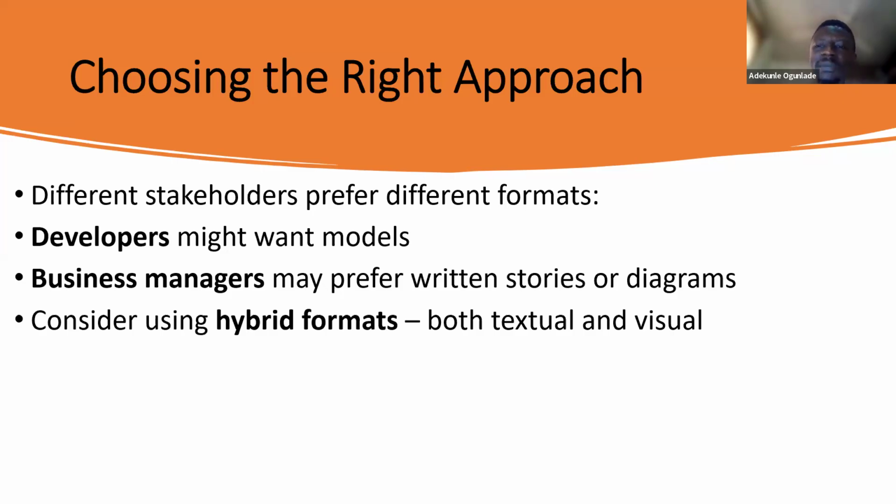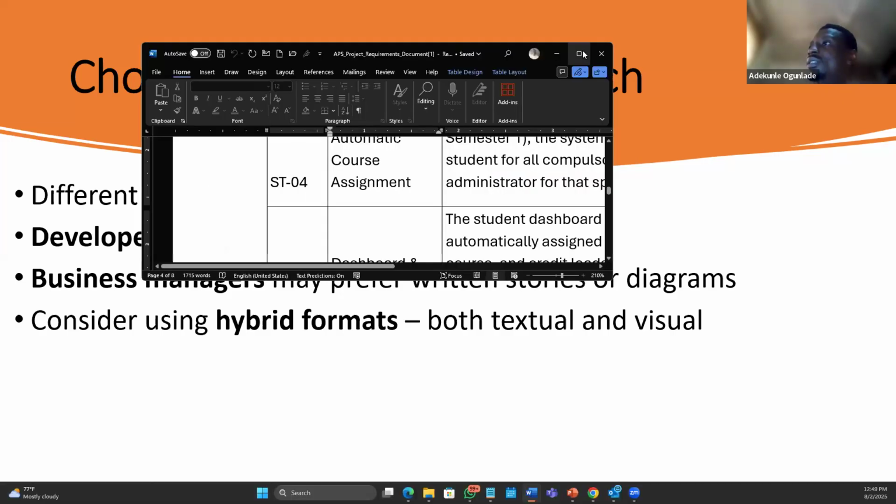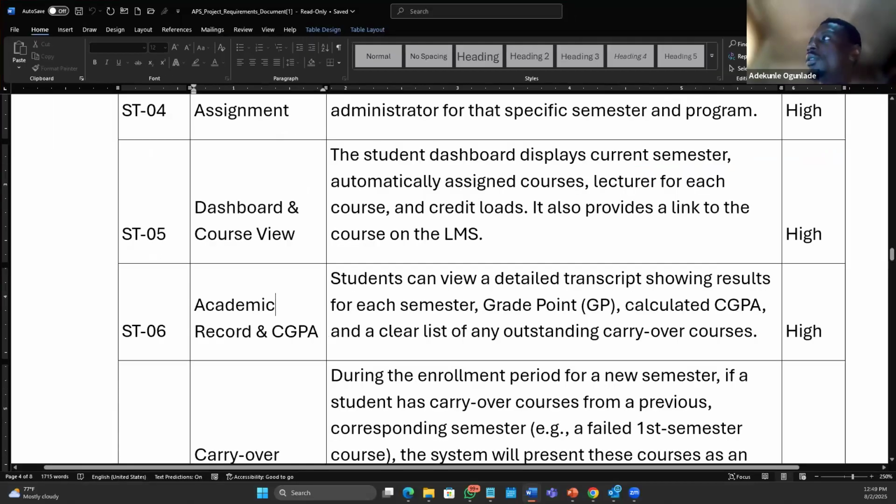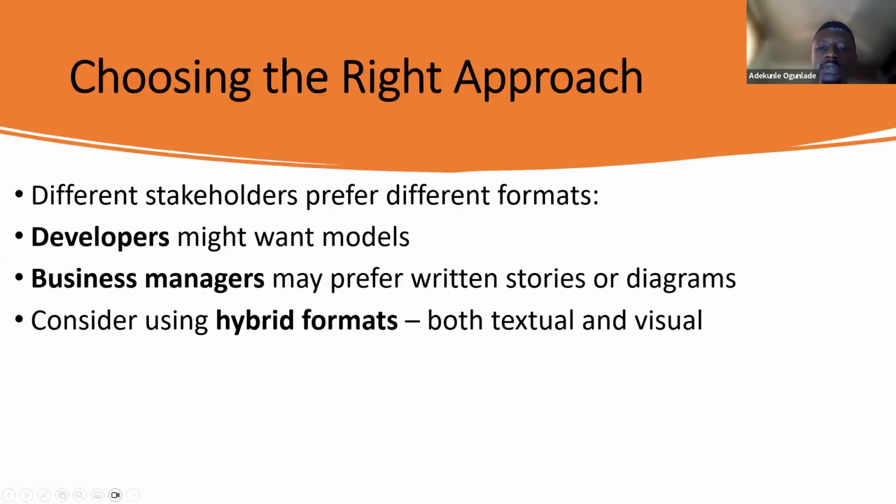A senior business manager might not have time to be reading through 25-page or 10-page documents. So in this document that I have here, we have the image, we have the models all drawn out. This is something that will help the senior managers to understand what you are building.